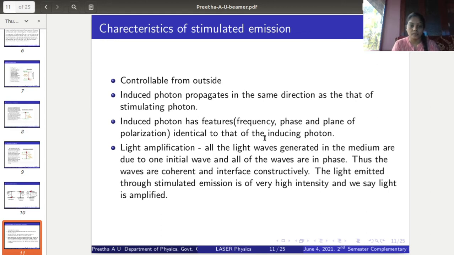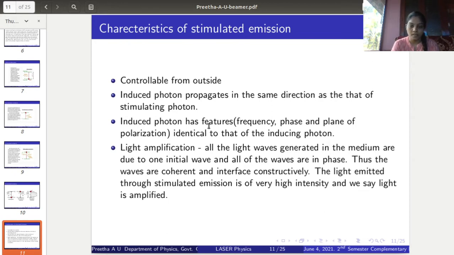And the last and most important one is light amplification. All the light waves generated in the medium are due to one initial wave, and all of the waves are in phase. Thus the waves are coherent and interfere constructively. The light emitted through stimulated emission is of very high intensity, and we say light is amplified. So what happens? In the previous point, we have seen that the induced photon and inducing photon will have the same features like frequency, phase and plane of polarization.